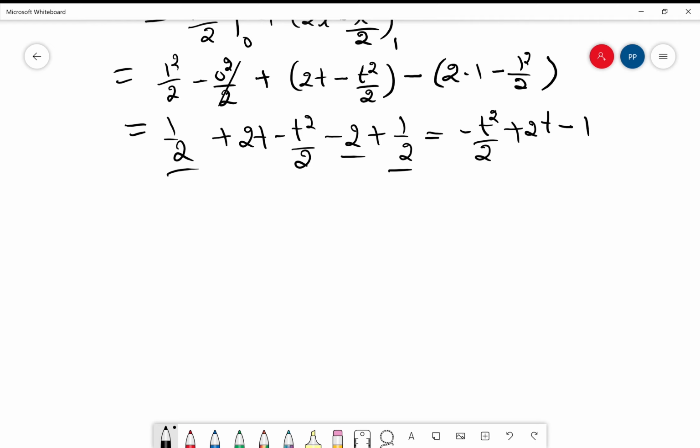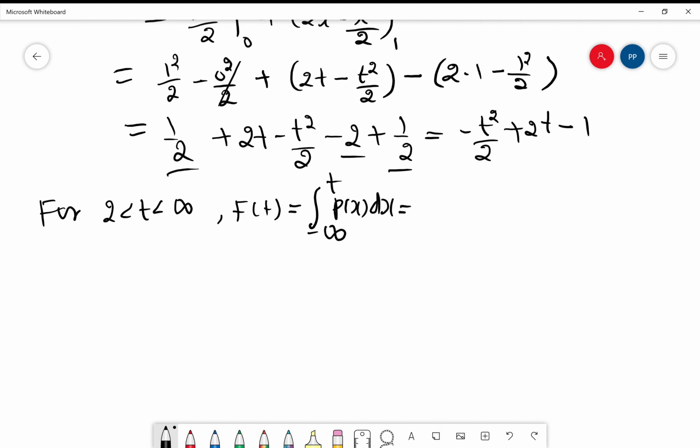Next, the interval for 2 less than t less than infinity. F of t equals the integral from minus infinity to t of p of x, which has to be split into four integrals.